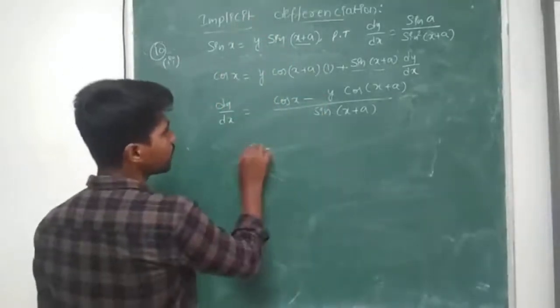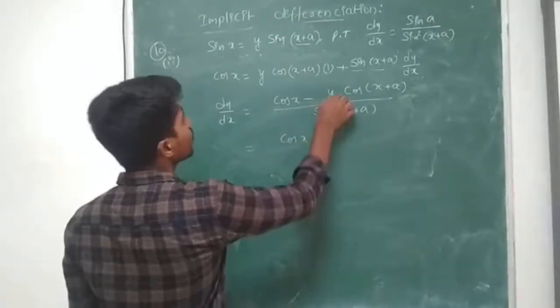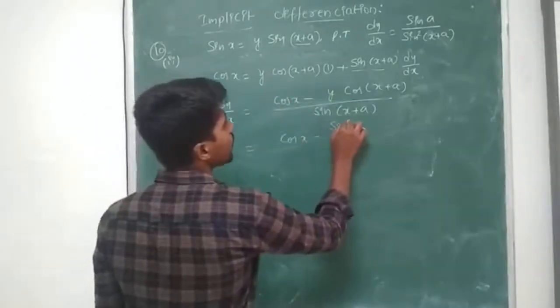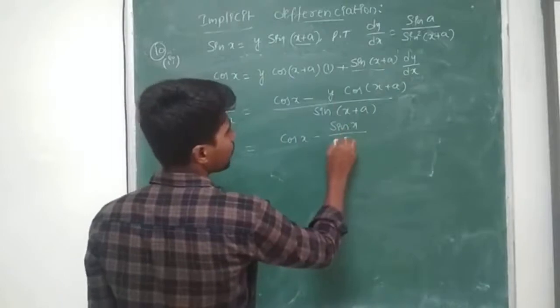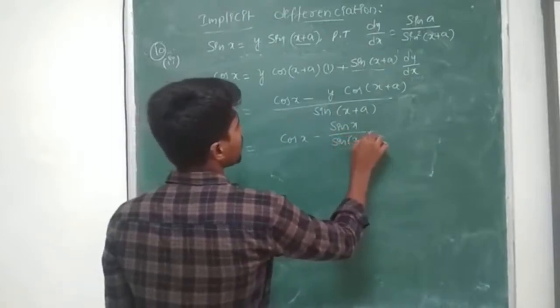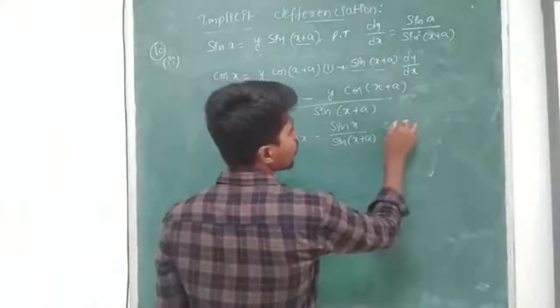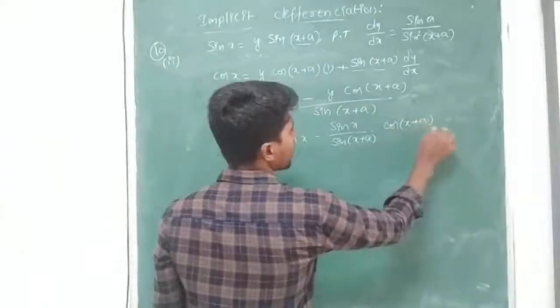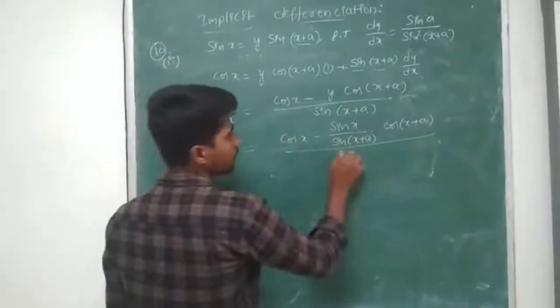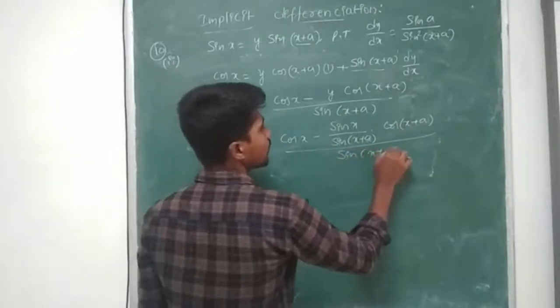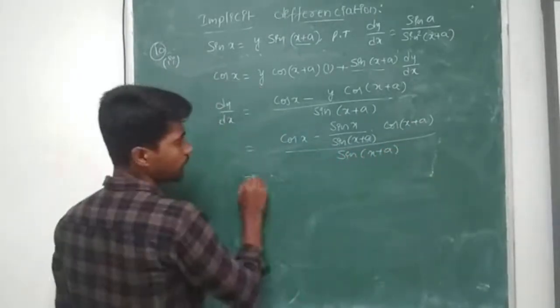So what is the value of y? y is equal to sin x by sin(x + a) into, as usual, cos(x + a) whole divided by sin(x + a). Now take LCM.